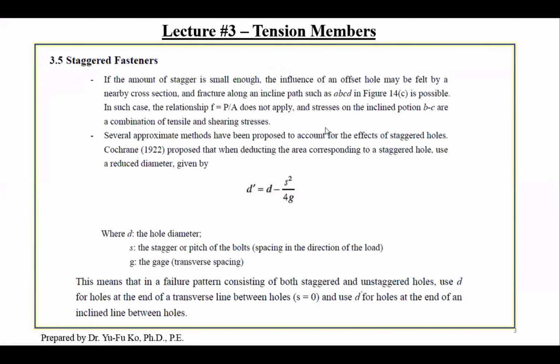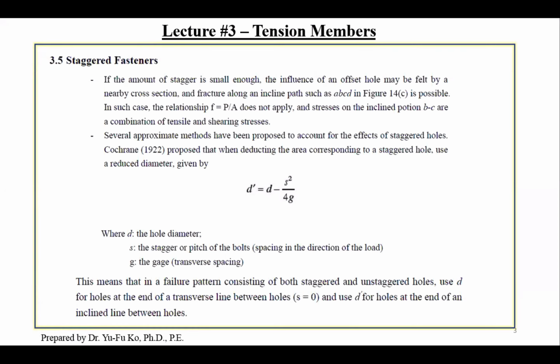So if the amount of stagger is small enough, the influence of the offset hole may be felt by nearby cross sections, and fracture along the inclined path ABCD is possible. In such a case, f equals P divided by A does not apply. The stresses on the inclined portion BC are a combination of tension and shear stresses.